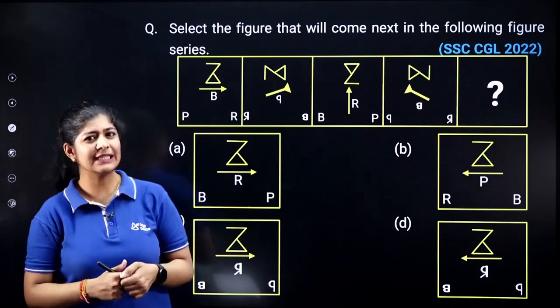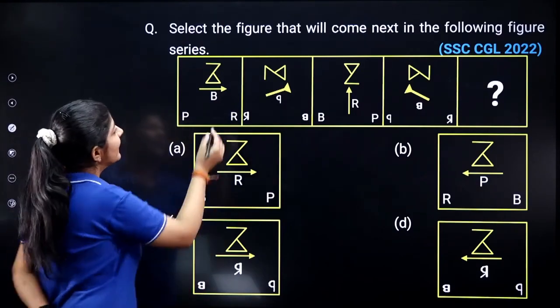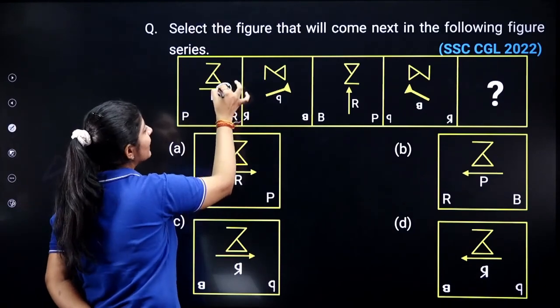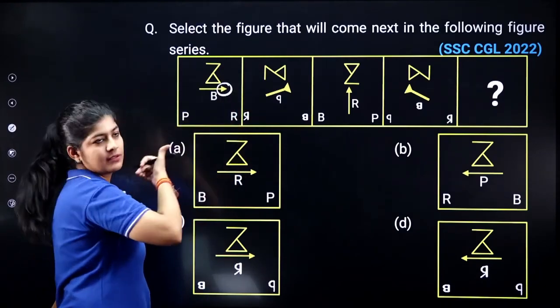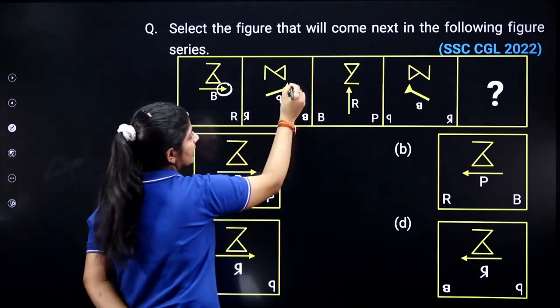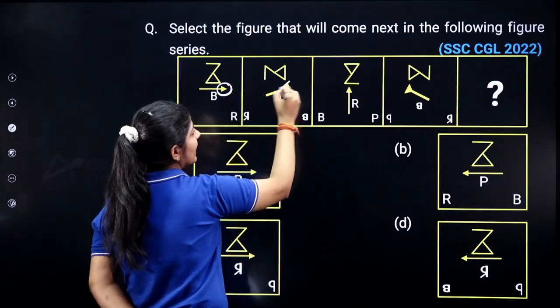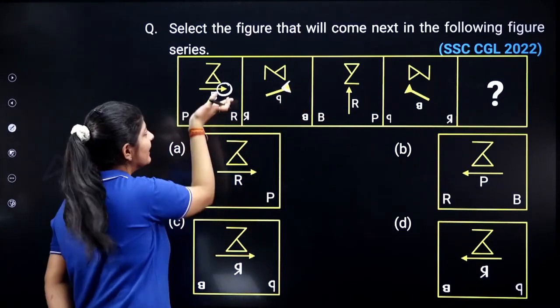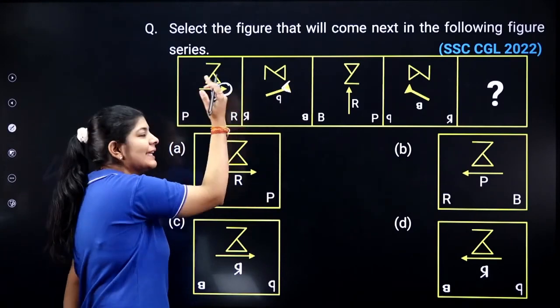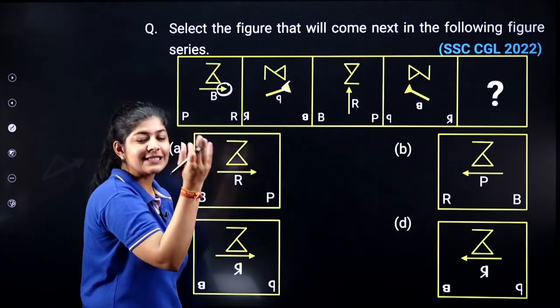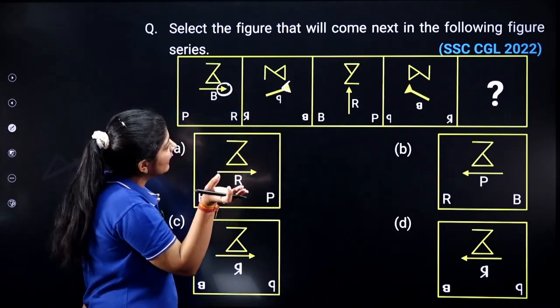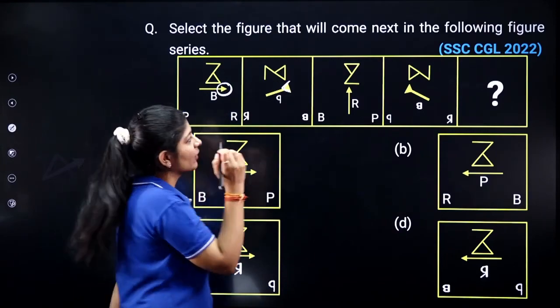Okay, let's check with the arrows first. Here the direction of this arrow is towards east direction. This time the direction is changed and this arrow is slightly moved upwards, or we can say slightly moved around 45-degree anti-clockwise.